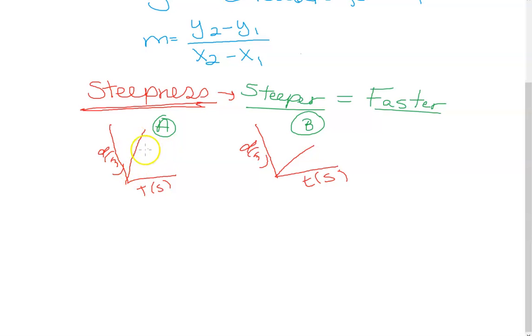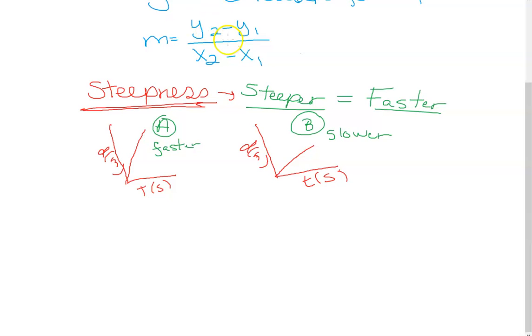Graph A would be faster, and this one is then slower. So in a PT graph, what does the steepness mean? It means the velocity, how fast something is going. If it's steeper, it's faster. If it's not as steep, then it's slower.